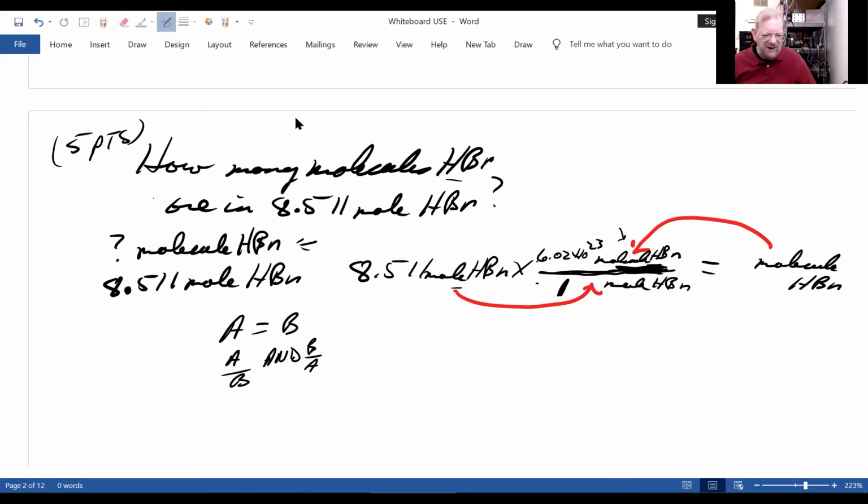And before I pick up my calculator, I'm going to say, do my units cancel out? Well, moles of HBr divided by moles of HBr, anything divided by itself equals the number 1. And therefore, these cancel out. The only units I'm left with is what I want. So now I can go to my calculator.